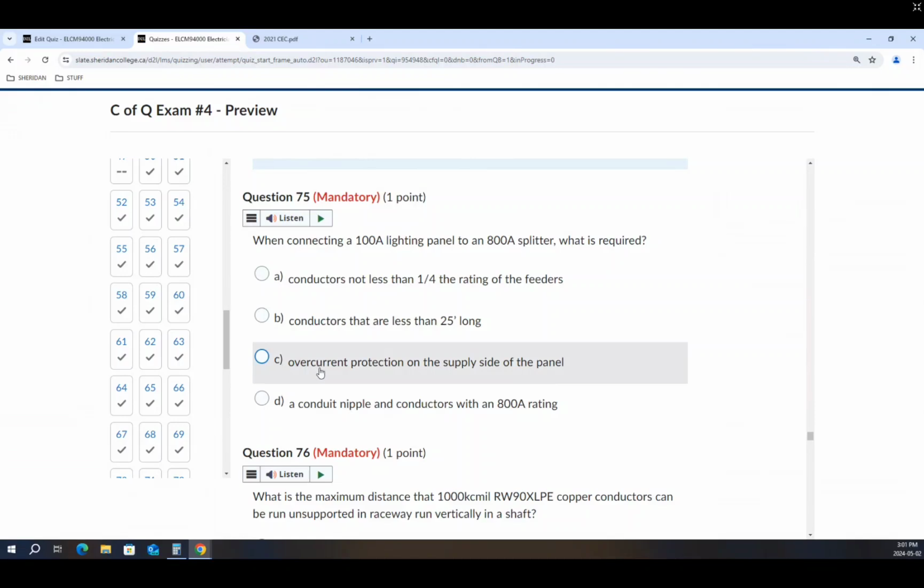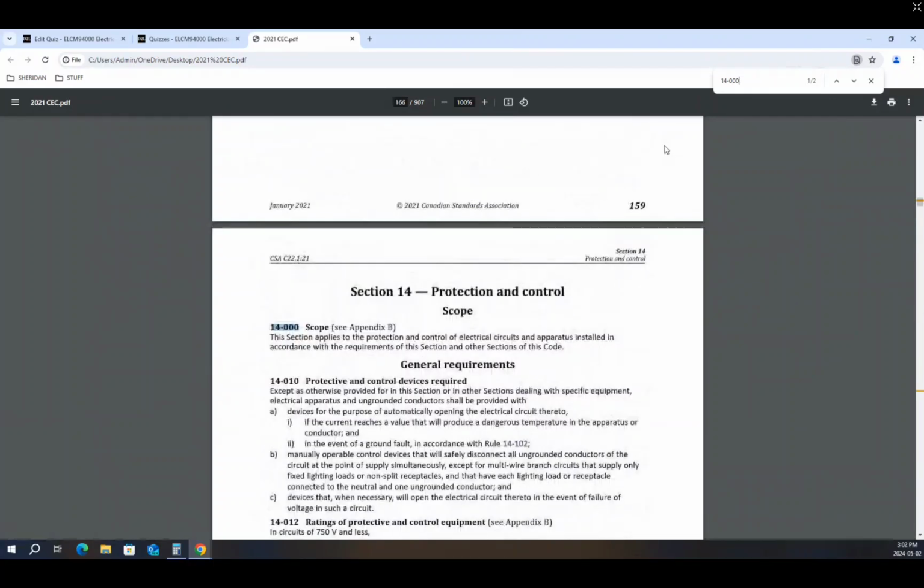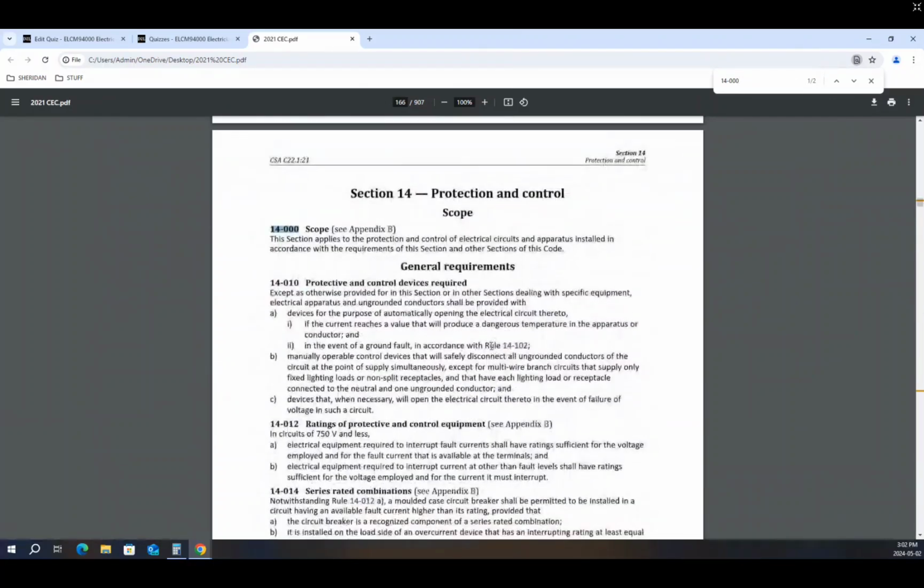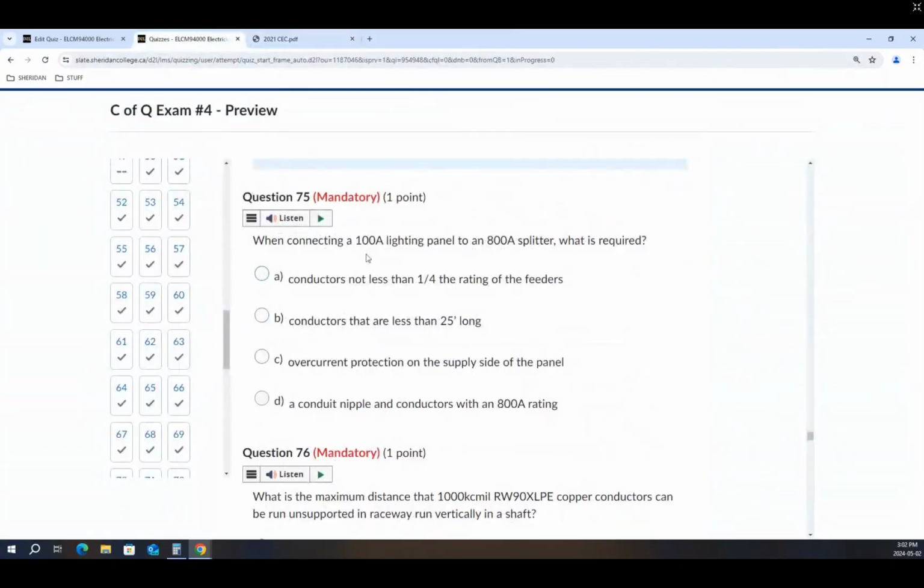I'm thinking it's this one. So I think it's overcurrent.